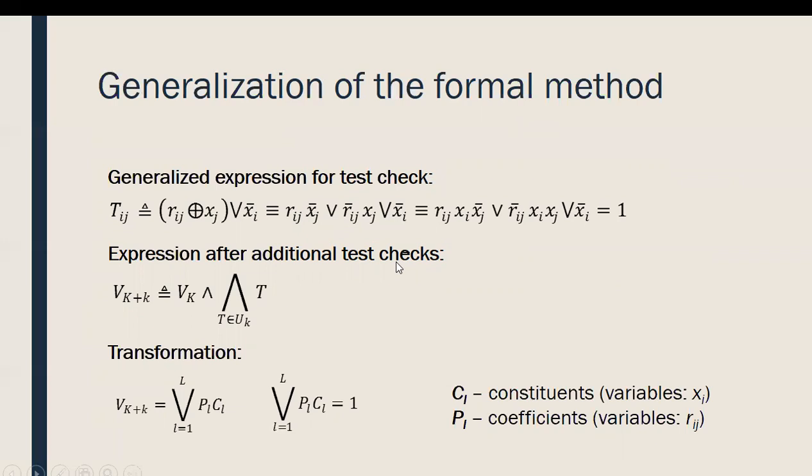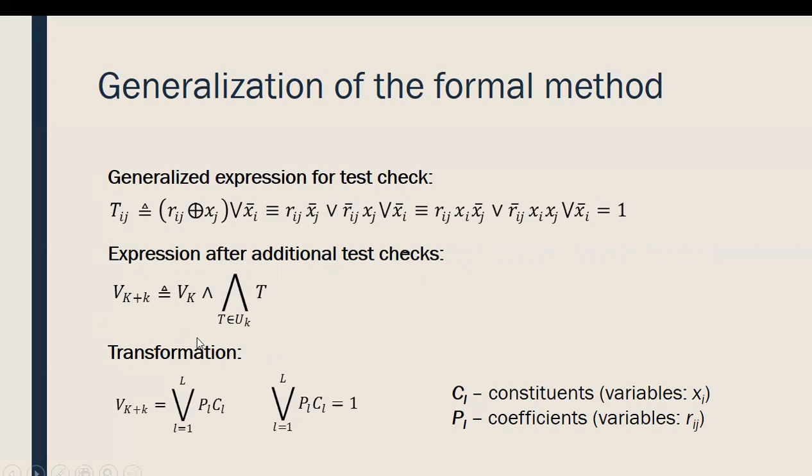And in the same manner, we build an expression containing the conjunction of all expressions for each separate test check, and it may be done either after some initial tests are conducted or from scratch, even from scratch. In this case, this value will be just 1, not an expression, just 1.